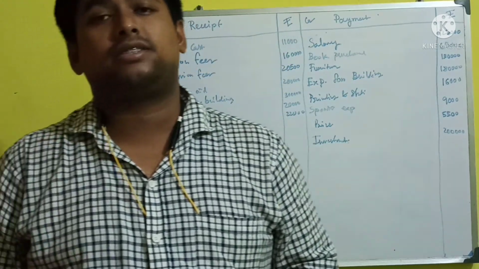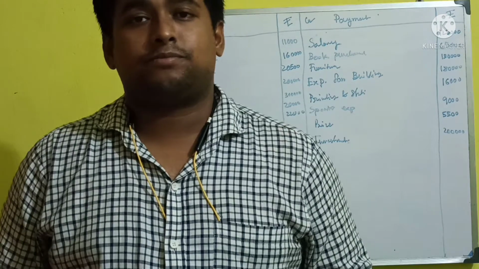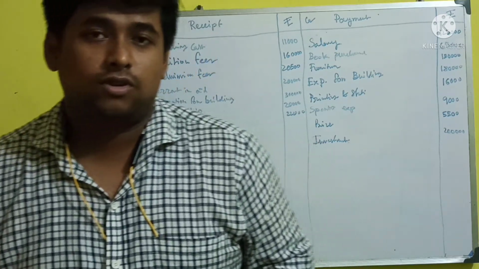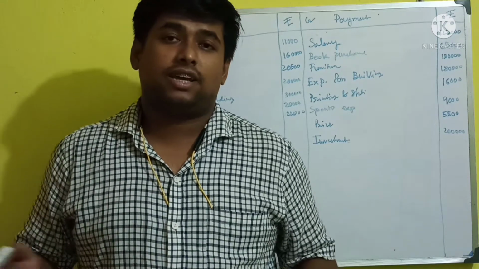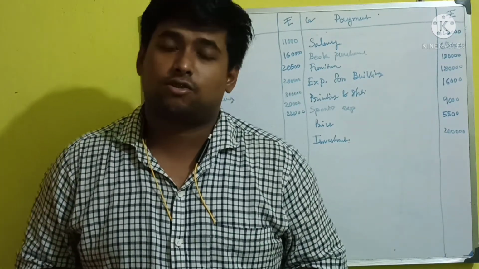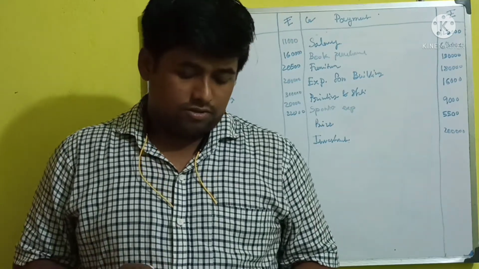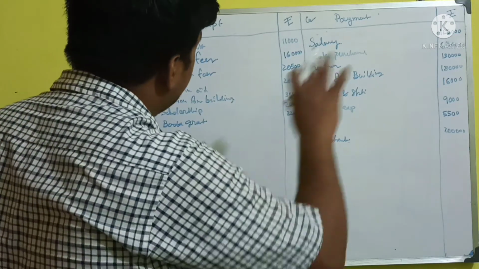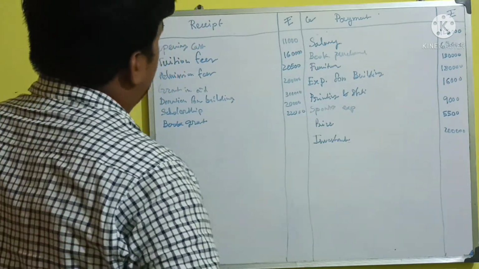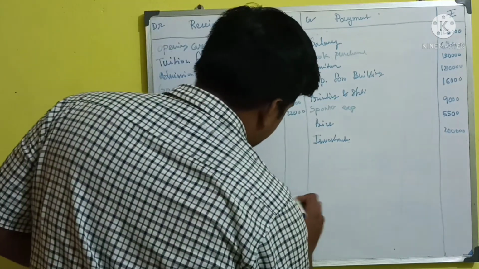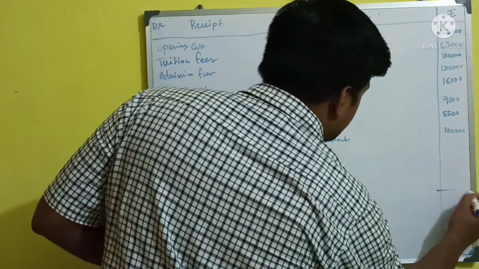Salary outstanding means we have to pay the salary, but we did not pay it till now. So it is a non-cash item, and we do not need to write it down here. The entries are complete.